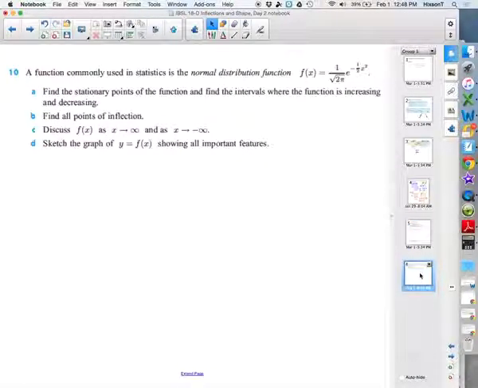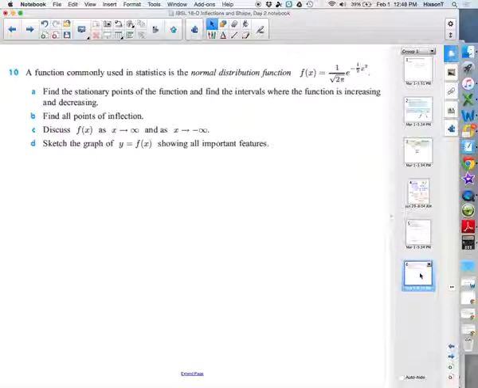And then number 10, this is a great connection here. This was our probability density function for the normal distribution. Remember the normal PDF and you graph the bell curve? We can take the derivative of this. It's an exponential, and you'll have to use the chain rule.